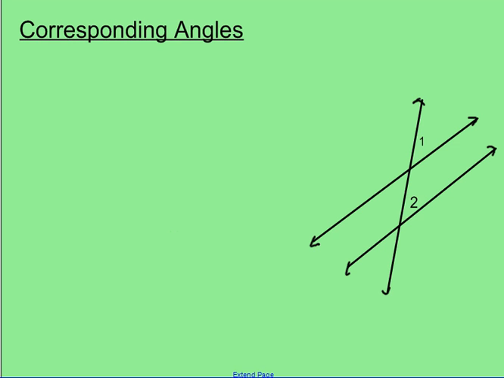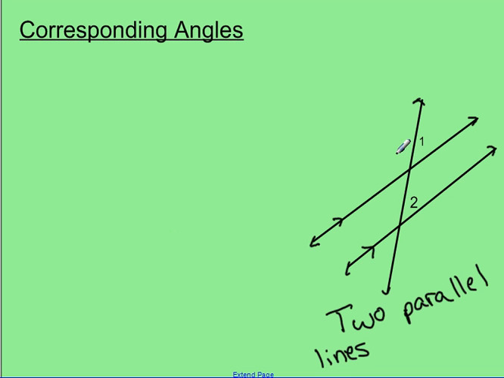Corresponding angles. This is probably not as strong and solid for you. First thing we have to talk about is what this kind of situation is. In this situation, we have two lines that are parallel to each other. Write that down. Two parallel lines.